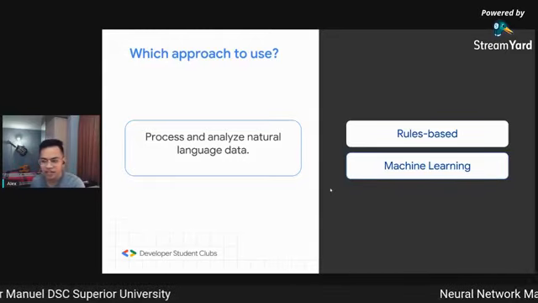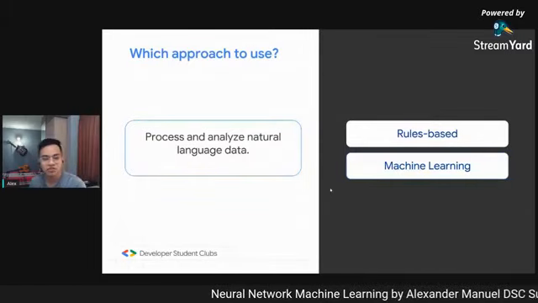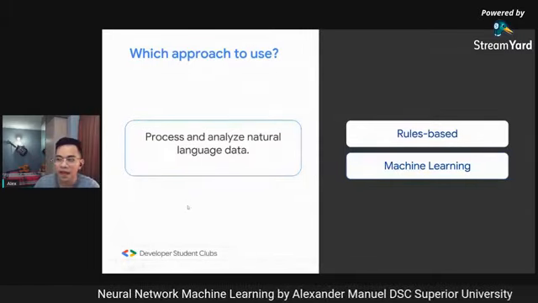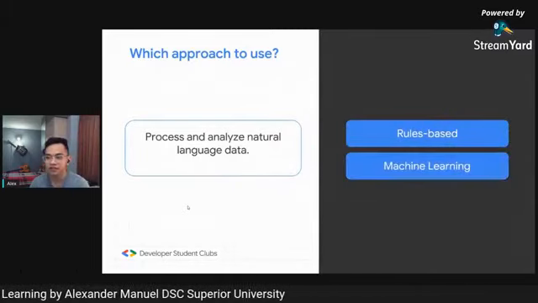Process and analyze natural language data. Is it rule-based or machine learning? It is both rule-based and machine learning.